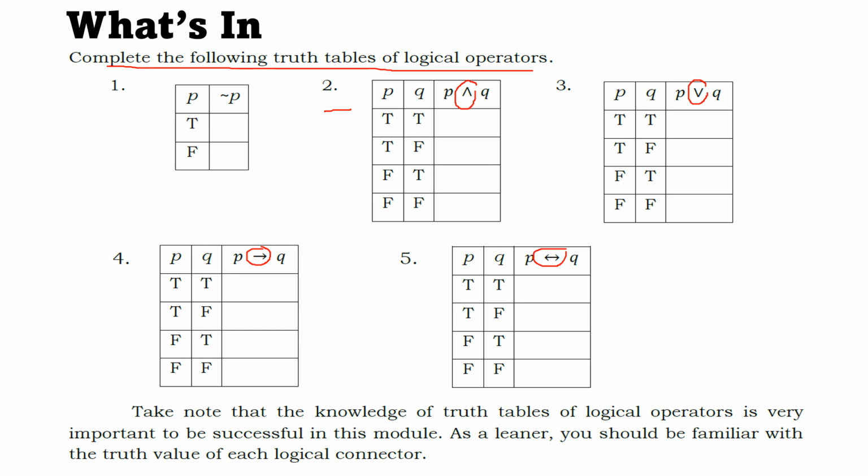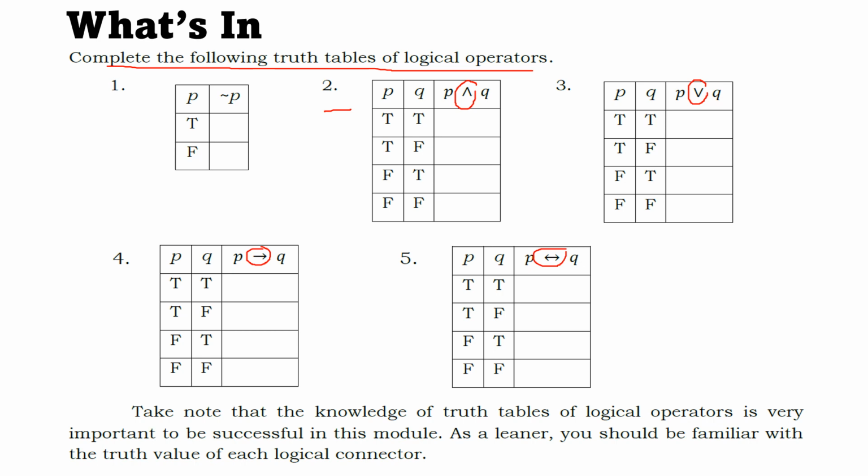With the use of this truth table, we can easily visualize, because this is a systematic method, what the truth table will be if we're asked to combine two or more given propositions involving these logical operators. It's up to you whether you answer this What's In activity, but entirely it is just a review on how we apply logical operators while dealing with the truth table.